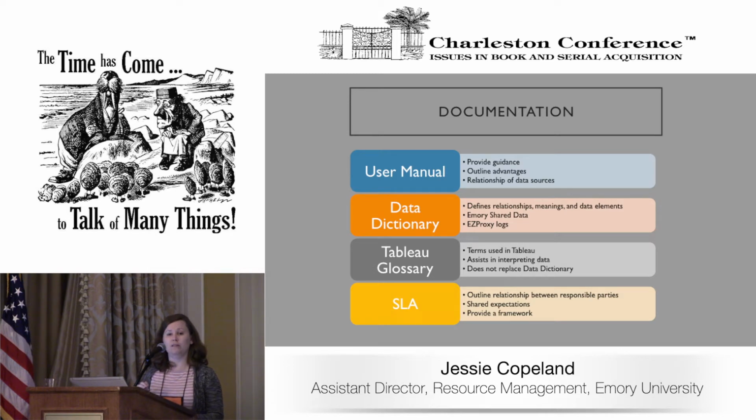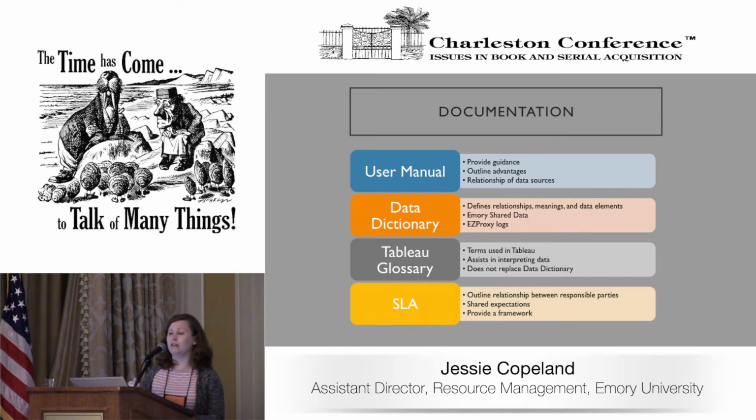The biggest reason, which is what I wanted to emphasize here, is that we wanted to make sure all of our stakeholders realize that libstats do not replace COUNTER or other usage stats provided by vendors; instead, libstats is just yet another tool, and so we needed to document that and explain it clearly. What does COUNTER do? What are libstats? What are COUNTER stats? And that type of thing.